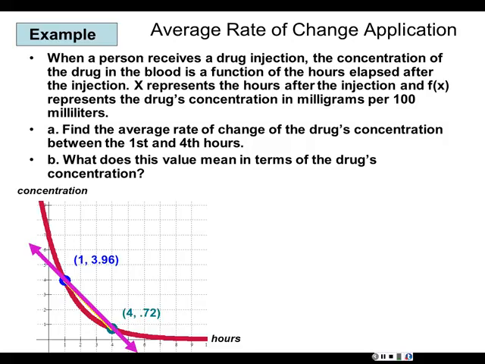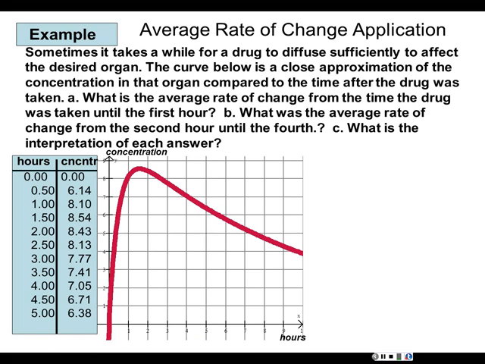For the 2nd to 3rd hour it was a little less sharp, and for the 3rd to 4th hour it was lesser again, but on average it was 1.08 between the 1st and 4th hour. Okay, let's see whether we can understand another example.